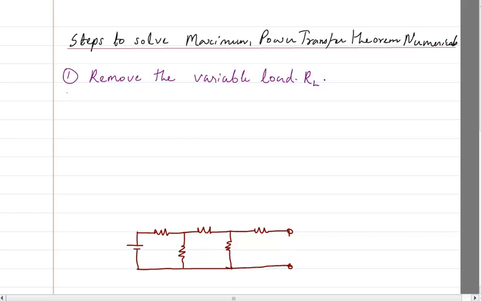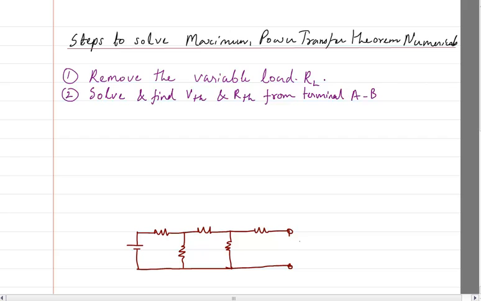Then the second step is solve and find VTH and RTH from terminal AB.